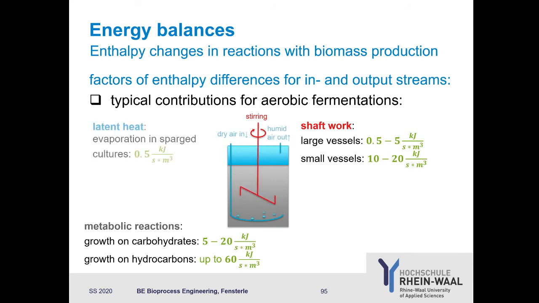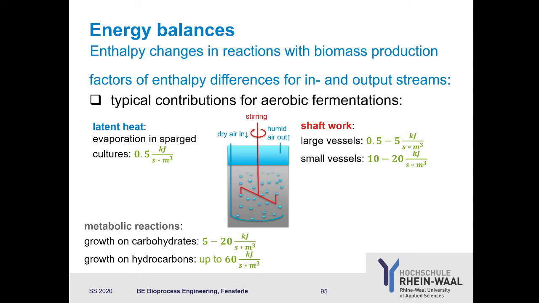Now, what comes from our latent heat? Remember, we evaporate, especially in aerobic processes. We will evaporate water, and here we are in the range of 0.5 kilojoules per second per meter cube. This is lower than our metabolic reaction, but depending on the time, this can be relevant.